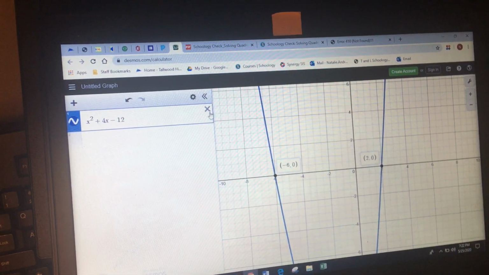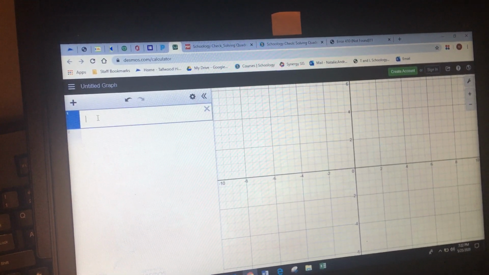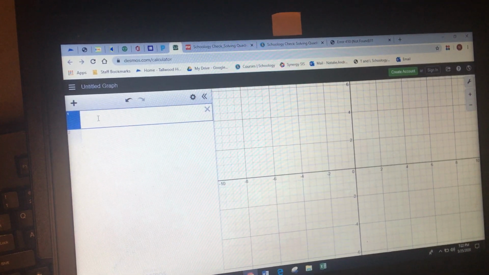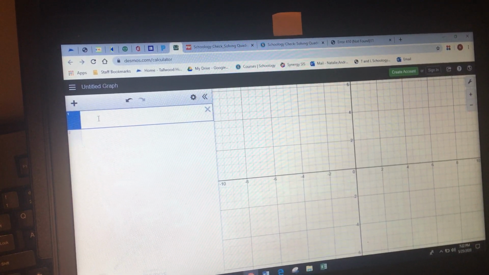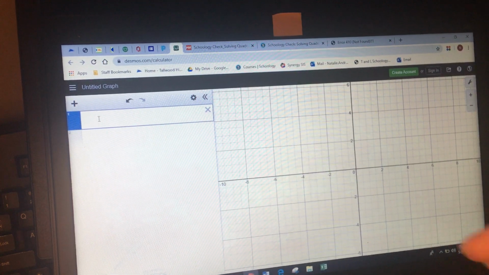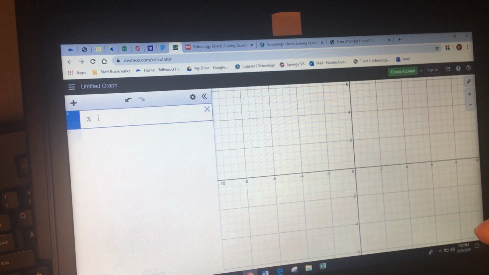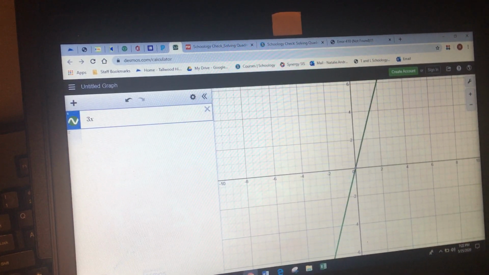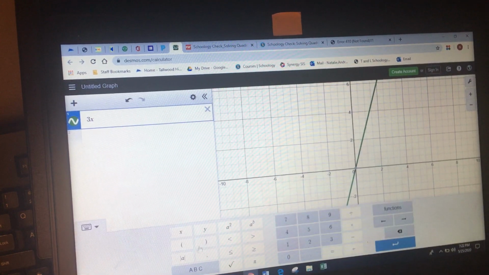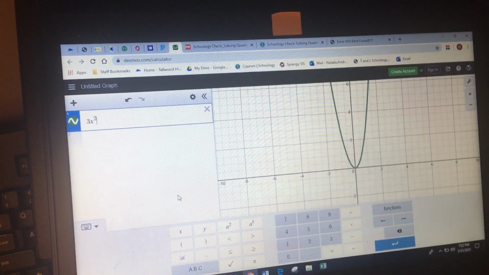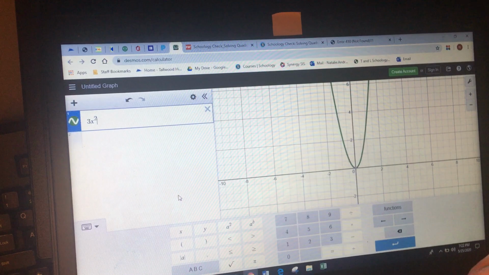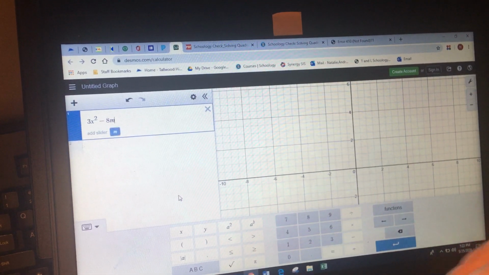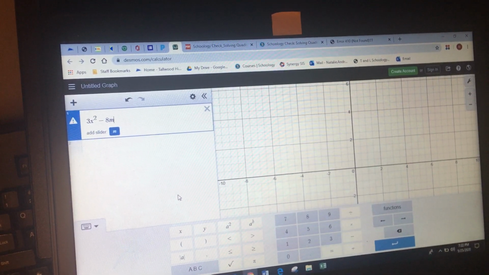Let's clear that last equation. So don't forget to change your m's to x's. So we're going to have 3x squared minus 8m. Ooh, see that?